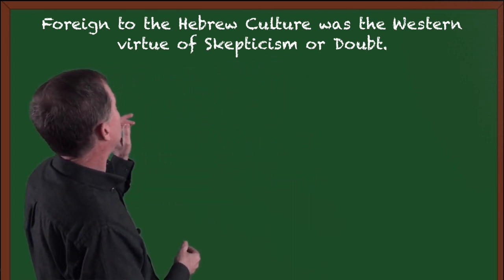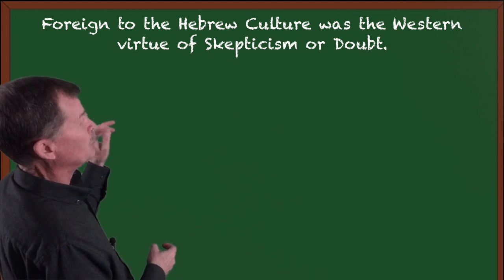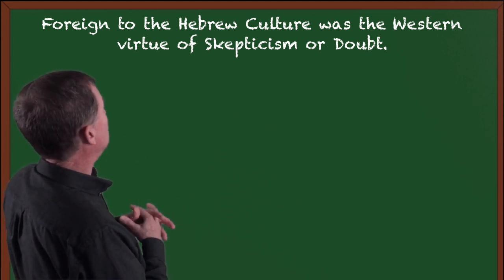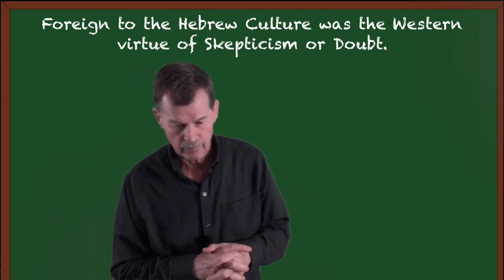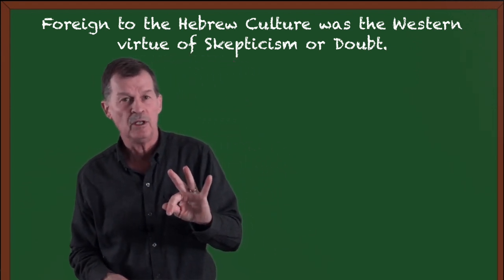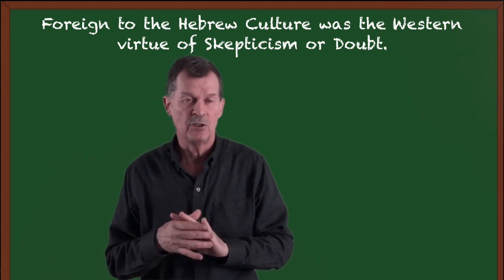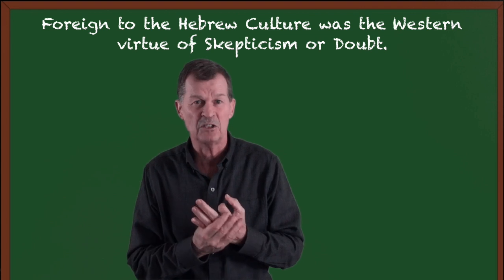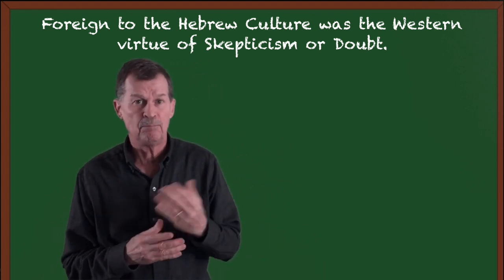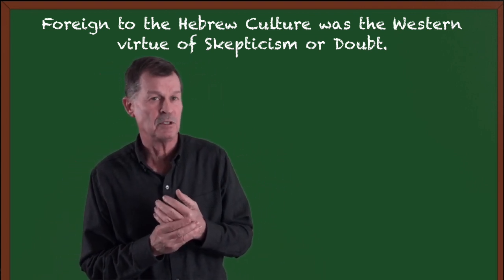Foreign to the Hebrew culture was the Western virtue of skepticism or doubt. Okay, so what we're looking at is the three methods that are promoted within Western thinking, Western philosophy: rationalism, empiricism, and skepticism.